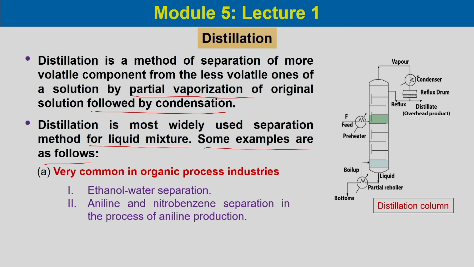For producing aniline we have nitrobenzene as a byproduct, and that has to be separated, which is done by distillation. It is most common in the industry, particularly in petroleum refineries. Refineries have plenty of applications of distillation operations, and you can see a huge distillation plant in most refineries.